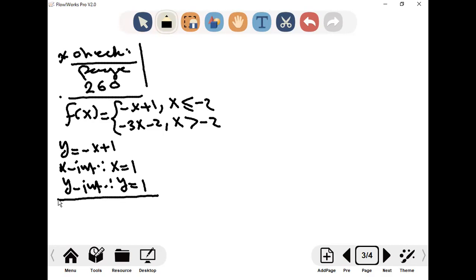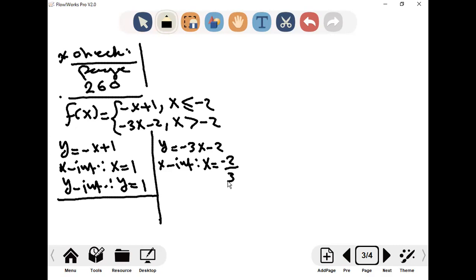This is the first part. The second part, same idea. y equals negative 3x minus 2. For the x-intercept, put y equals 0, shift the negative 2 here, it will be positive 2. Divide by negative 3 on both sides, so x will be negative 2 over 3.